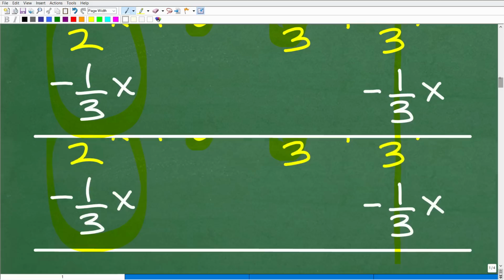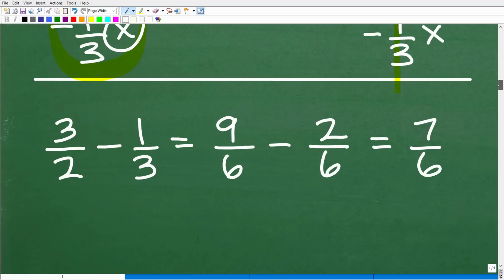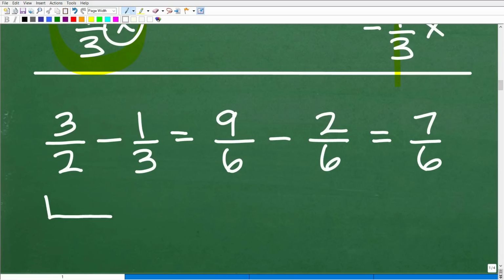But at this point, we still need to figure out what 3/2 minus 1/3 is, right? Because we have the same variable x. These are like terms. So we're going to have to do some more fraction work. Let's go ahead and do that now. So 3/2 minus 1/3. Here, we're going to have to find the LCD. Of course, that is 6. So we're going to have to change this fraction, 3/2, such that it has a denominator of 6.